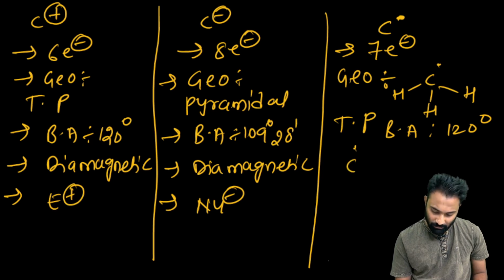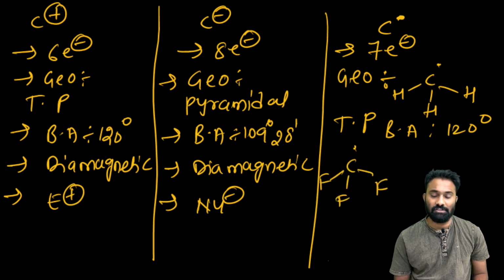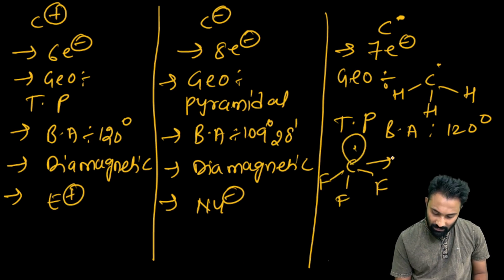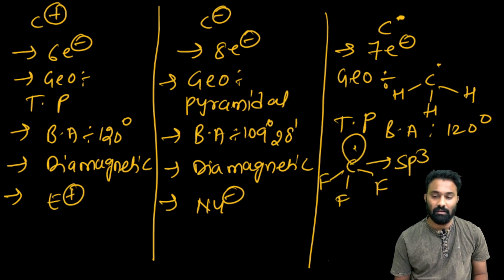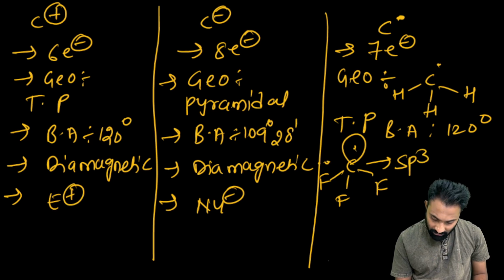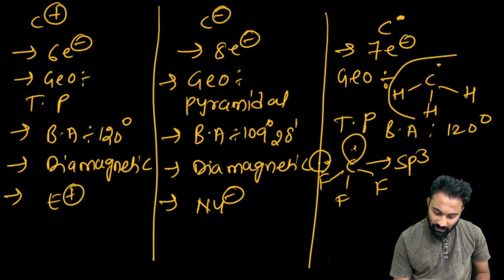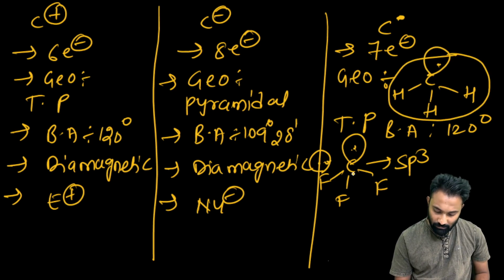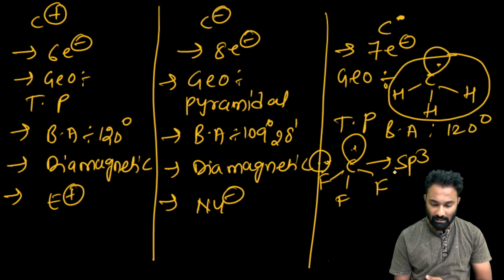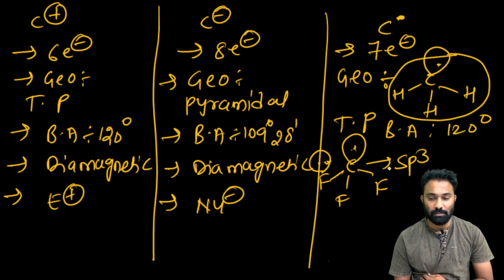If suppose carbon and fluorine are attached, now this carbon hybridization will be sp3. Why? Because fluorine contains a lone pair of electrons. This lone pair and this lone pair will repel. Due to that, it will be bent. So you have to be very careful. If the carbon and the hydrogen are present, hybridization is sp2, and if the carbon and the fluorine are present, hybridization is sp3.